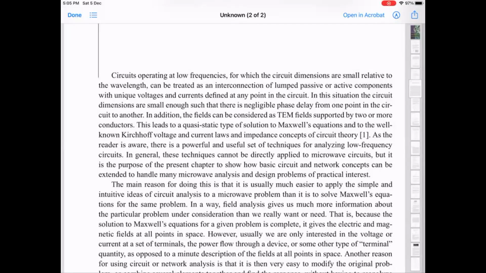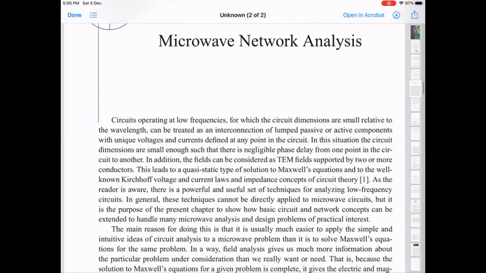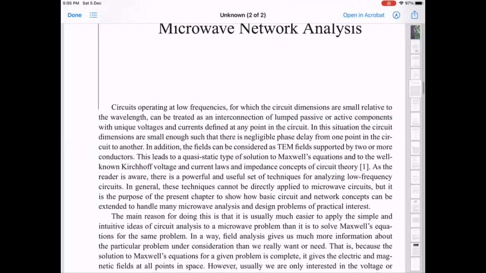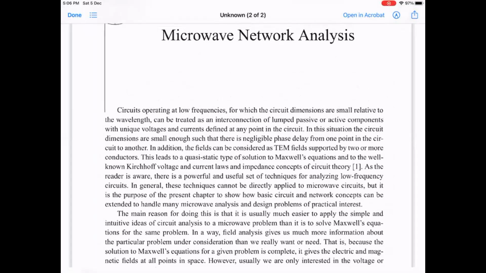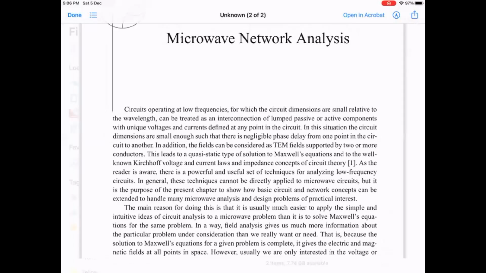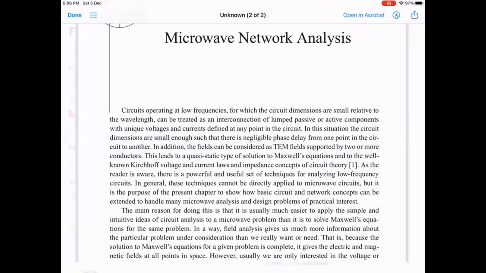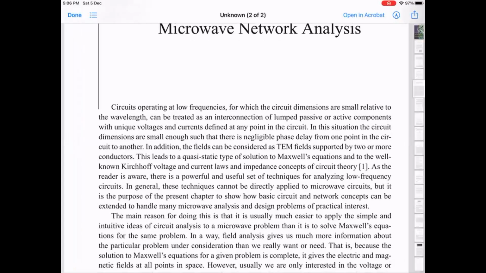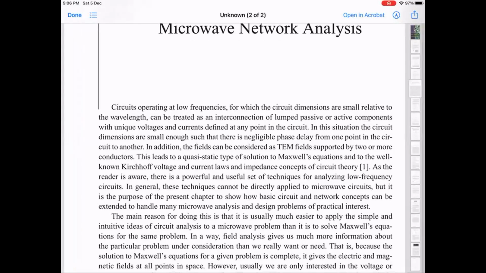Yeah, so I hope all of you read through the first few sections in this chapter, which I had sent you a while back now. I was reading the introductory part again, and I remember how nicely and succinctly it explains the basic idea. I've been going on and on about this in the first few lectures, but this is a very nice summary of what one really does for the majority of circuit analysis in the microwave frequency domain.